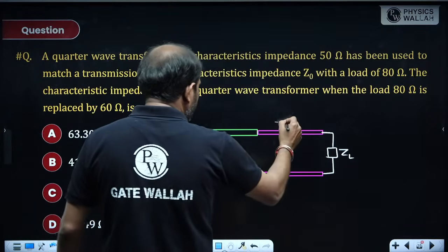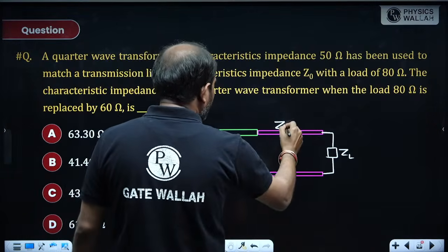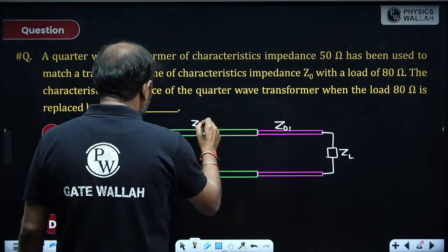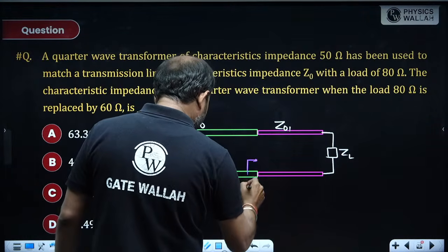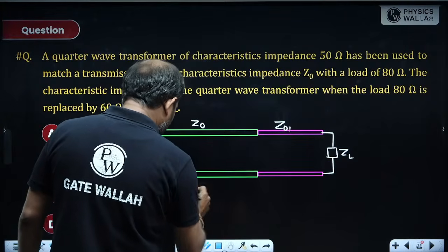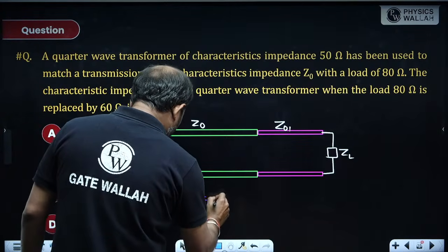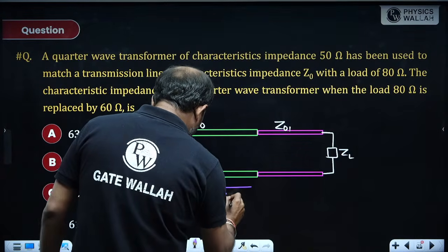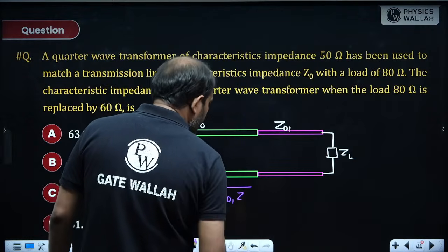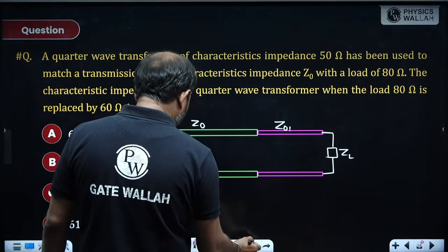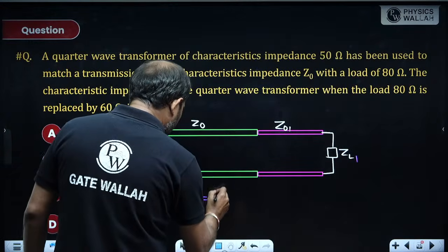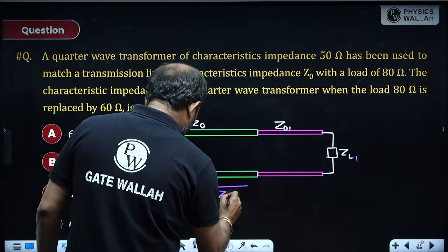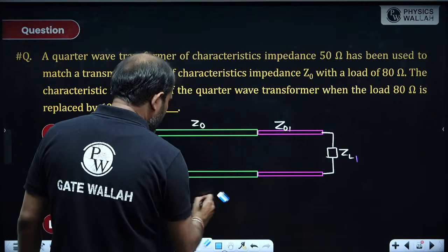This one is Z01, and this one is Z0. So what is Zin? Z01 is equal to under root Z0 into ZL, and you can derive this also.